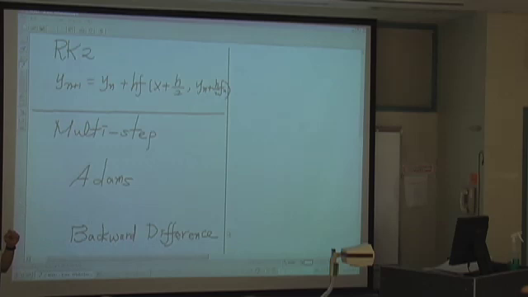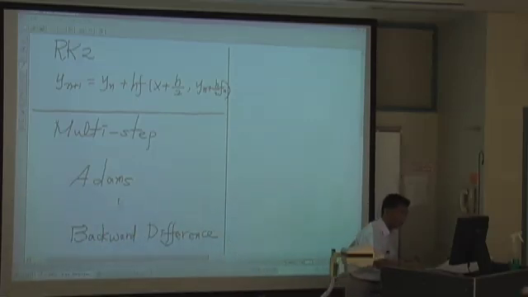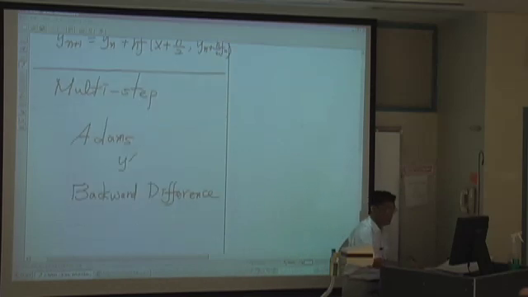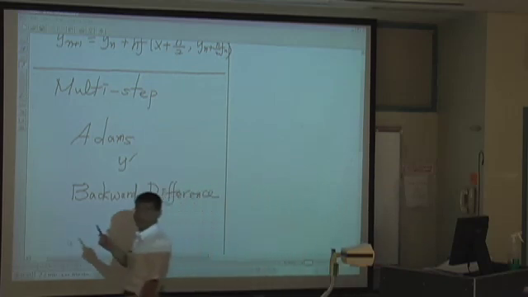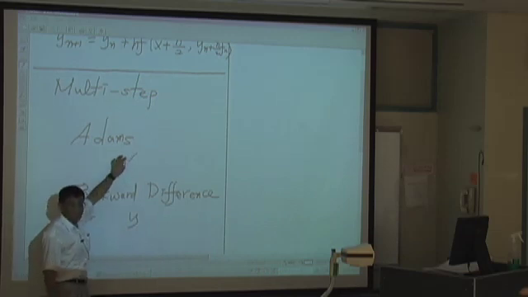Then what is the difference? Similarity is using interpolation. Then what is the difference? This Adams method interpolates y prime. Backward difference method interpolates y. This is the difference. Do you follow me? So Adams method requires integration because it interpolates this thing.